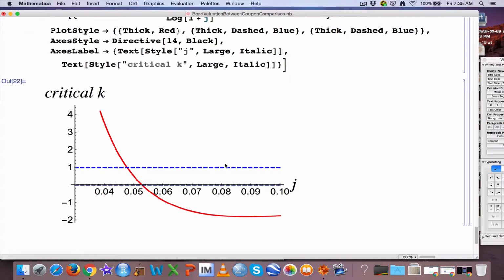At 0 and at 1, we see that the critical value of k, where the green graph has a critical point, which is a local minimum, is between 0 and 1 when j is approximately between here, which is about 0.048, and here, which is about 0.0525 maybe.